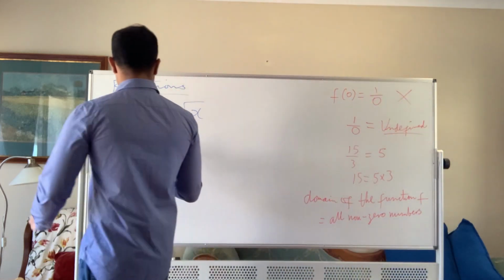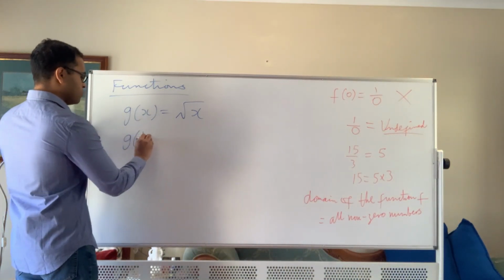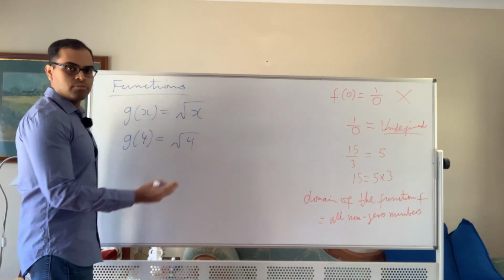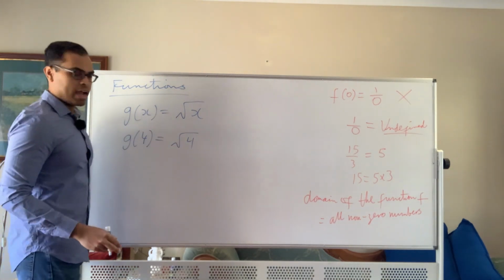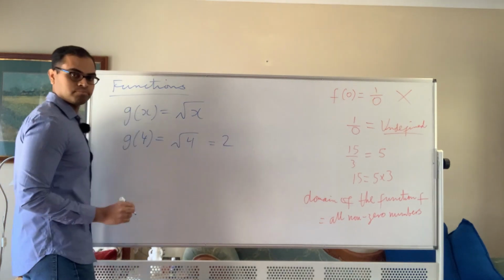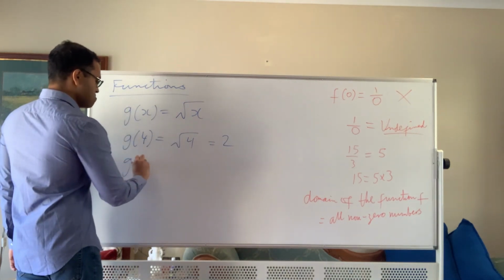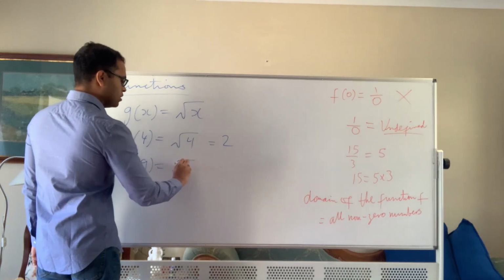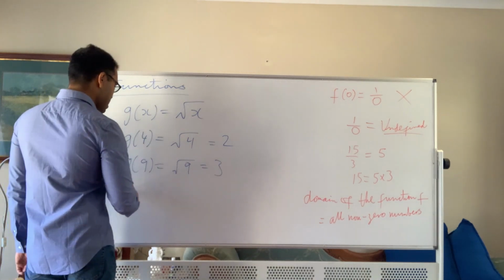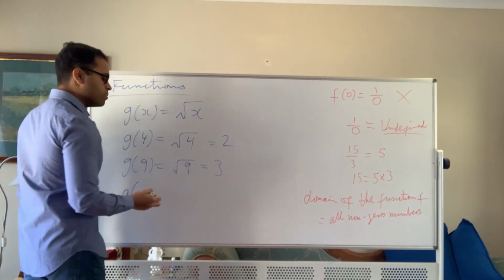We can do any input. If the input is 4, the output is going to be the square root of 4. The rule is just x becomes the square root of x. So 4 becomes the square root of 4, which is equal to 2. Then 9 becomes the square root of 9, which is equal to 3, and you can keep going. Sometimes you may not be able to simplify.